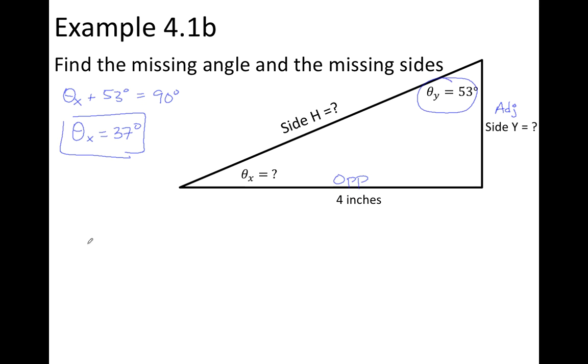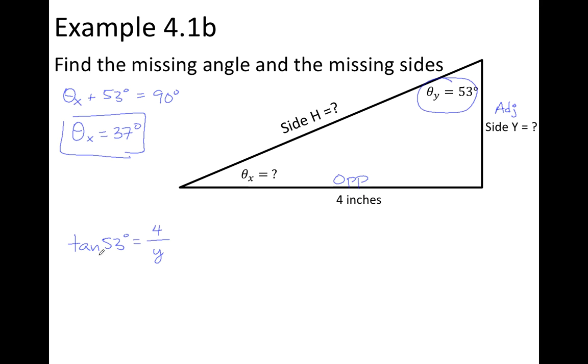And so now I have to choose a trig function that relates the opposite side of the angle to the adjacent unknown side, and that is tangent. The tangent of my angle 53 degrees will be the opposite side, which is 4 inches, over the adjacent side, which is my unknown side, y.